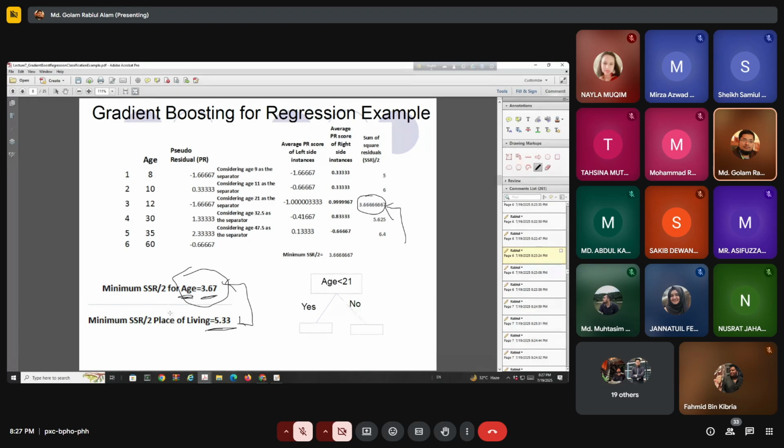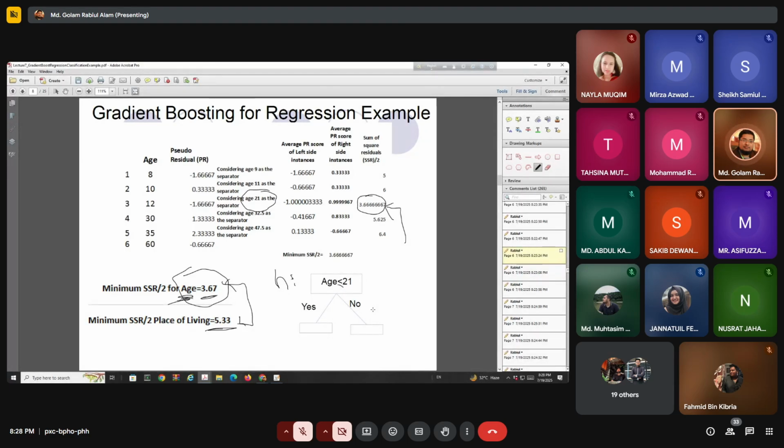And for the age, we have to consider age less than or equal to 21, because among the other splitters, age 21 induced the lowest sum of square residuals. Okay, so that's why our regression tree root will be age less than or equal to 21, whatever you consider.